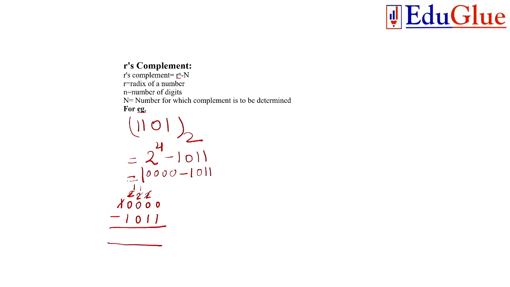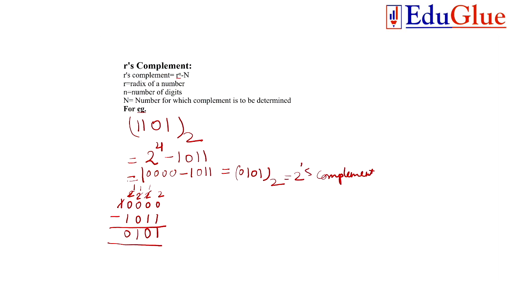It will add 2. Take from here. It will add 2. 2 minus 1 is 1. 1 minus 1 is 0. 1 minus 0 is 1. 1 minus 1 is 0. The 2's complement of this number is 0101 base 2. That is the 2's complement of the number.